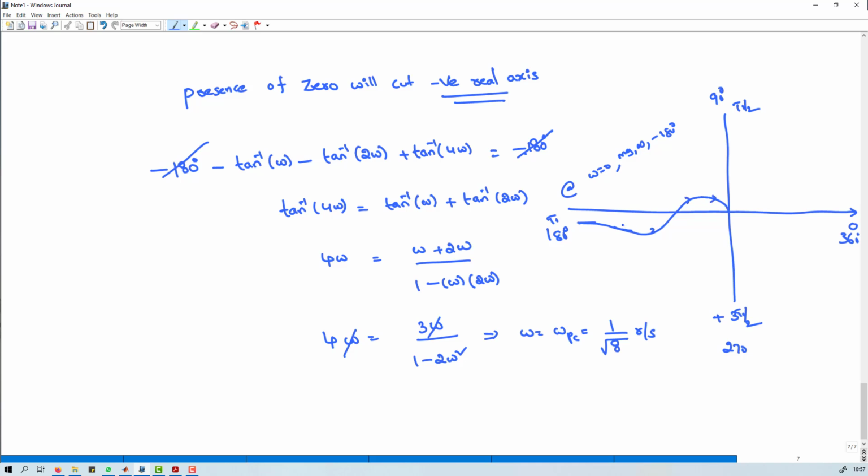Yes, now it is very simple. Now you can even easily find out what is the value of omega there and what is the magnitude occurring here. That can be easily found by substituting the value of omega directly into the magnitude plot.